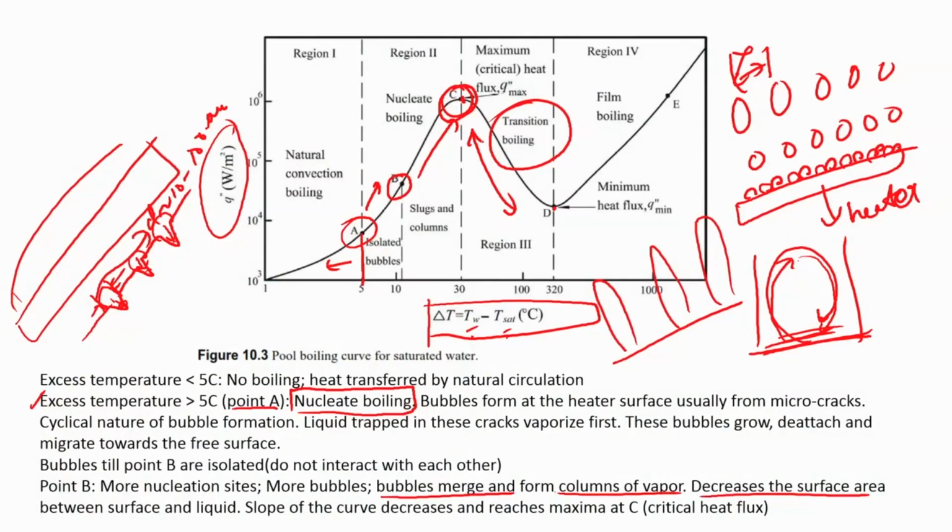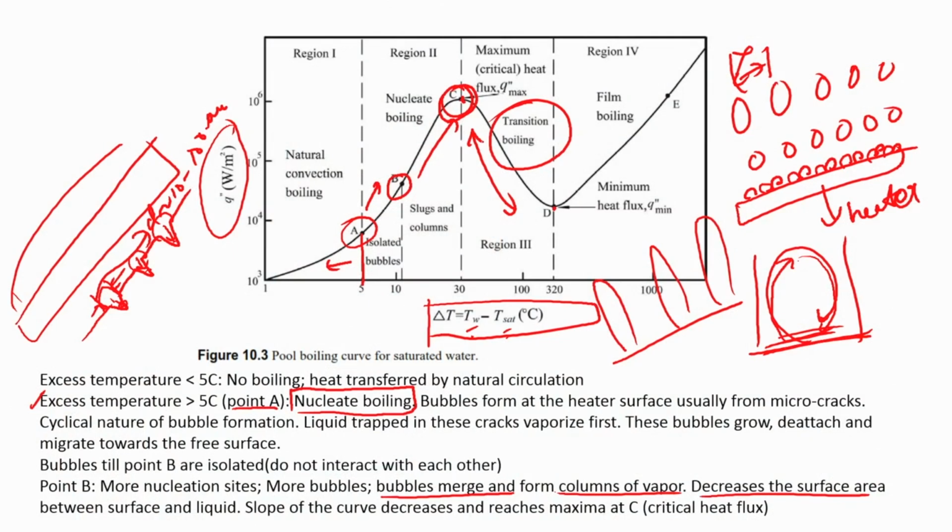So, beyond the critical heat flux, from C to D, this is called the transition boiling. Transition boiling involves what? The bubbles from the nucleation sites cross talk with each other, because there is a lot of bubble generation, because the degree of superheat is really high, of the order of 30 to 320, as you can see from that graph. The bubbles merge and form a vapor film.